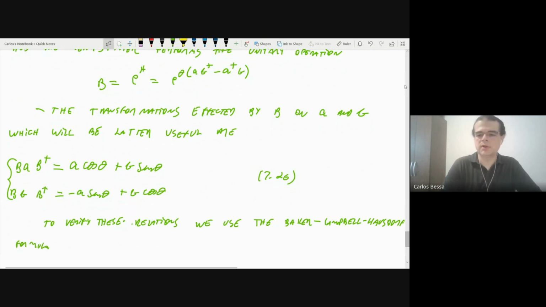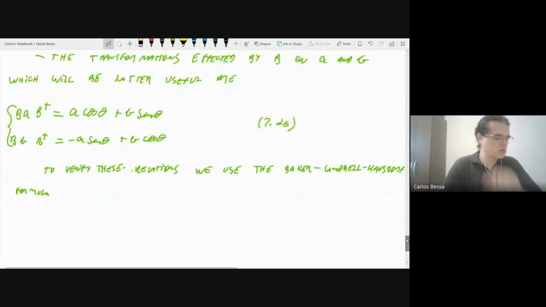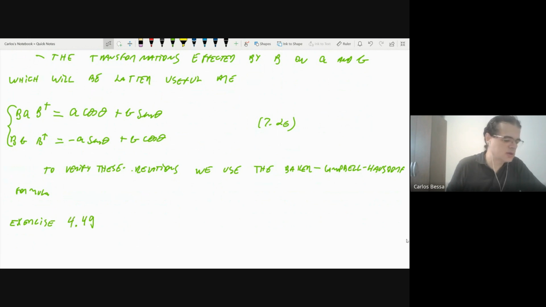Okay, he used a very interesting form that is present in an exercise in chapter 4, exercise 4.49.